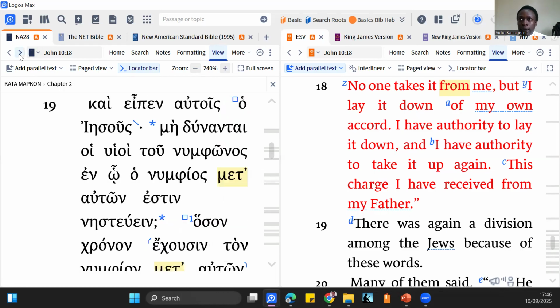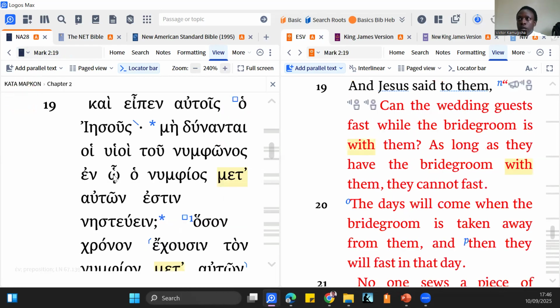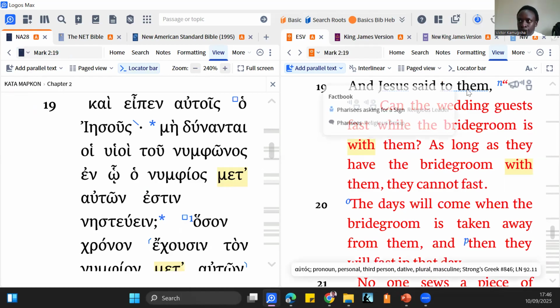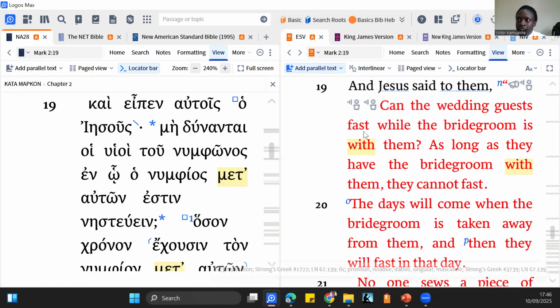And then lastly, I can also look at Mark chapter 2, verse 19. And Jesus said to them, the wedding guests cannot fast while the bridegroom is with them. As long as they have the bridegroom with them, they cannot fast. I'm looking at the word with. You have here, it's met, and at the end, there is a mark there. That's not a breathing mark. That's an elision. It just shows that there is a letter that dropped.